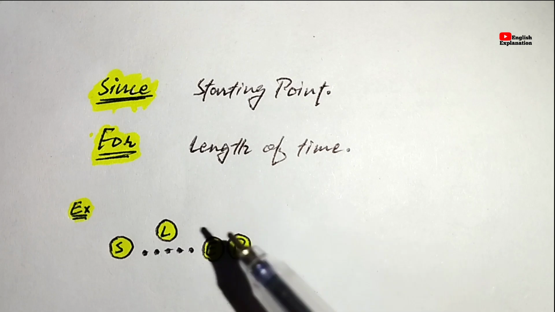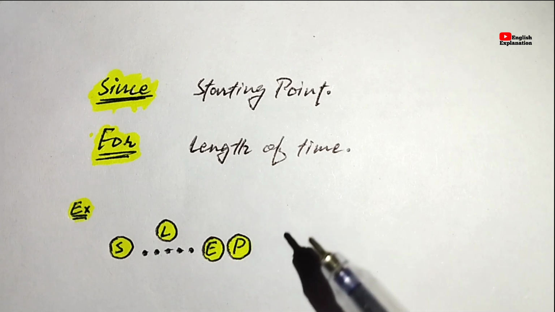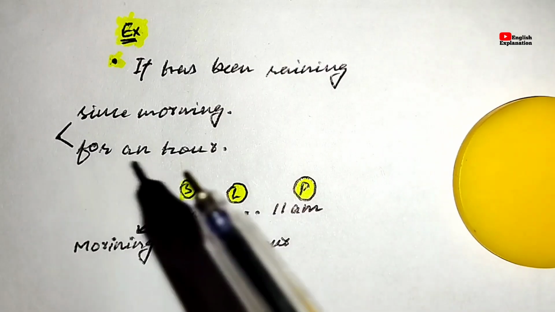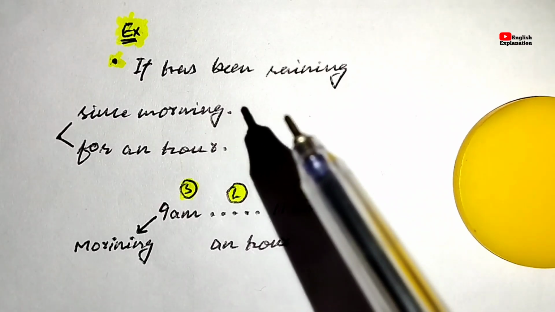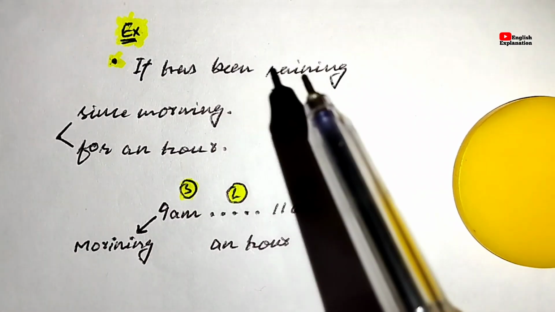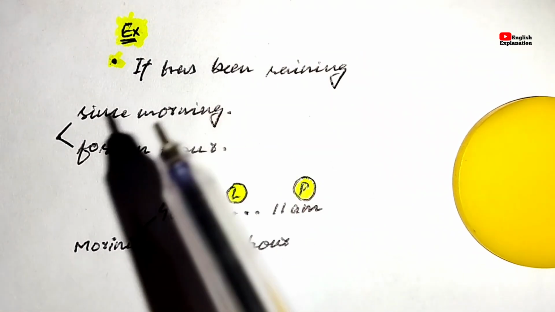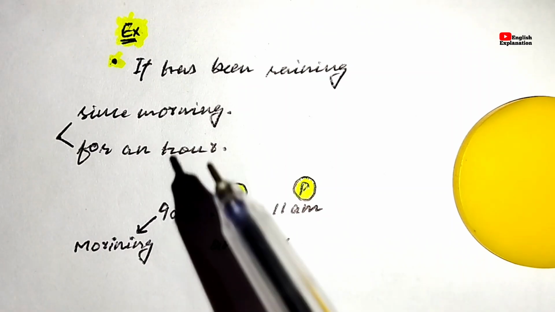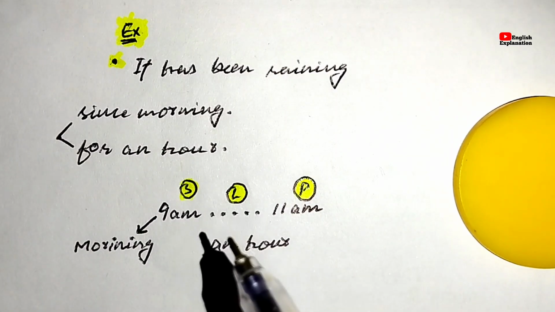So let's see some examples. I will clear your concept. Here we have an example: it has been raining since morning or for an hour. I will explain here.